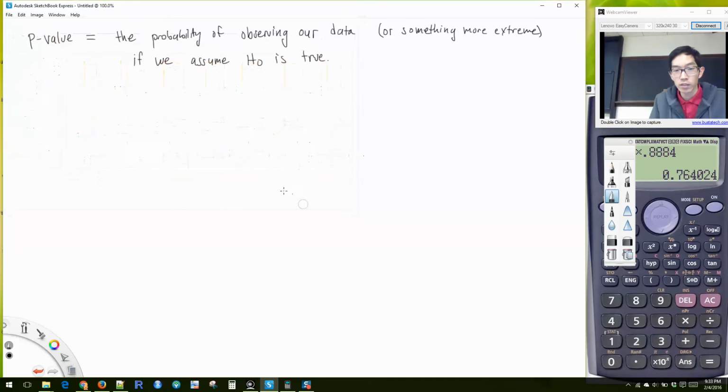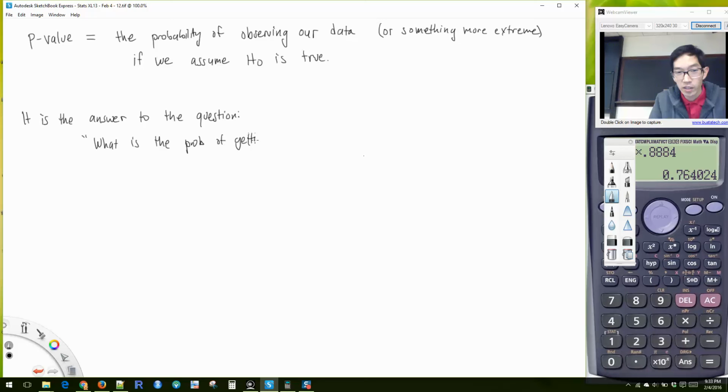Okay, so it is the answer to the question, what is the probability of getting something like 7 heads just from pure luck.